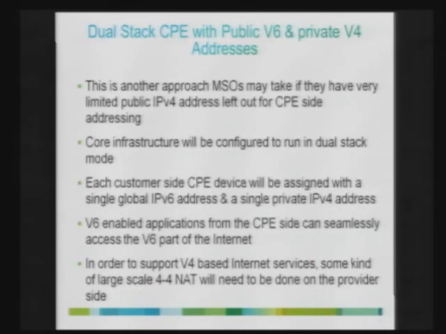Another option is to go with dual stack, but assign a public IPv6 address and a private IPv4 address. The public IPv6 address can be used by the CPEs to access any global IPv6 destinations, including the v6 portion of the internet. But the private v4 address can be used only for communications internal to the provider. If it needs to reach the global internet, then an address translation is required.